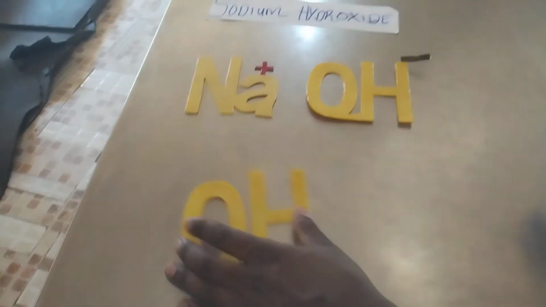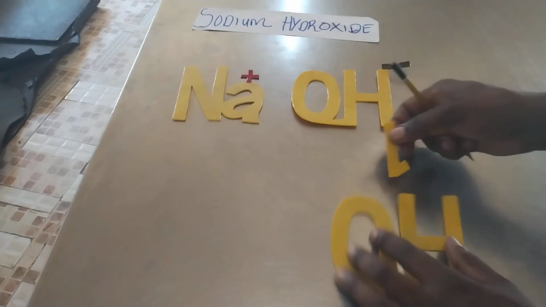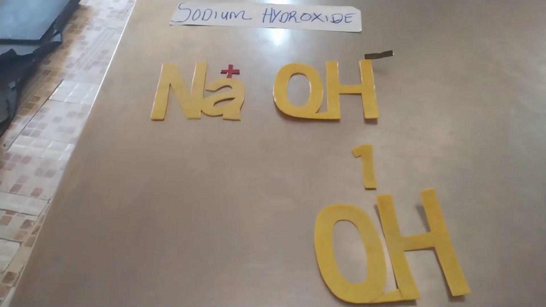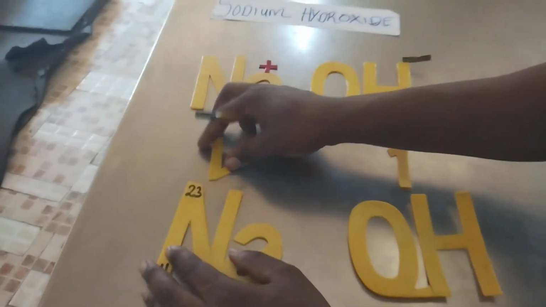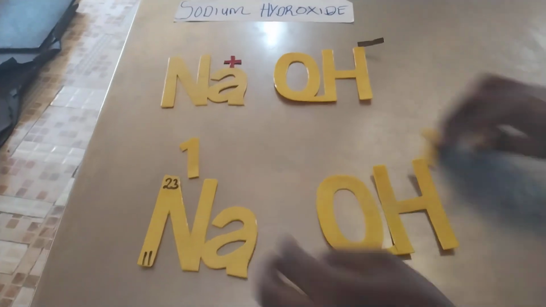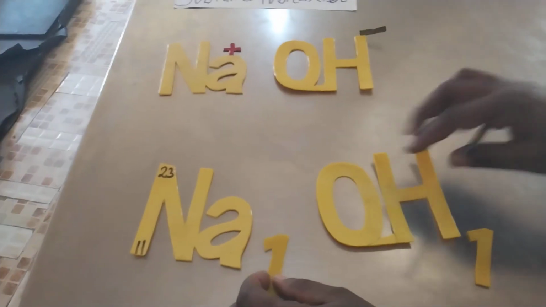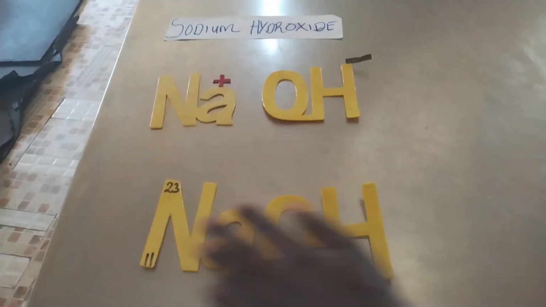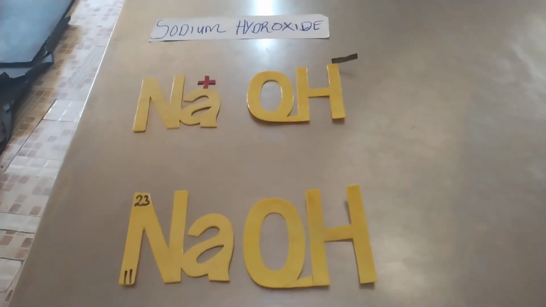The valency of hydroxide is 1, and that of sodium is also 1, like this. So you cross multiply, this is 1 and this is 1. So we don't just put 1. So the formula for sodium hydroxide is that one there.